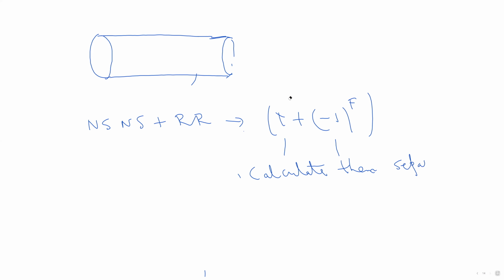But isn't it a statement that if I don't put (-1) to the F while calculating the partition function, I should get 0? No, if you put 1 plus (-1) to the F, then you get 0. I think here (-1) to the F is different from the one that you are talking about. Maybe I should have said, this (-1) to the F acts only on the psi side, not on the psi delta side.